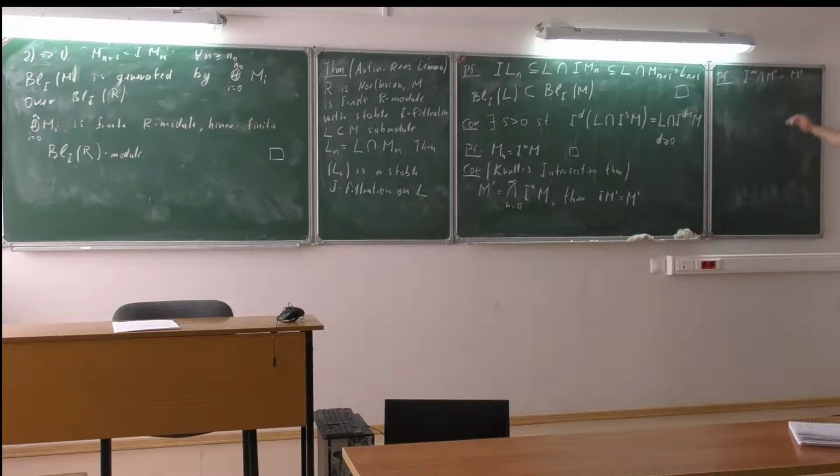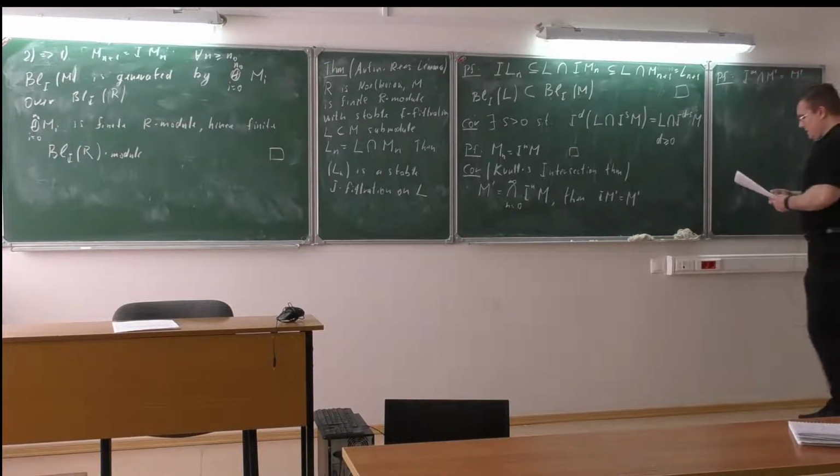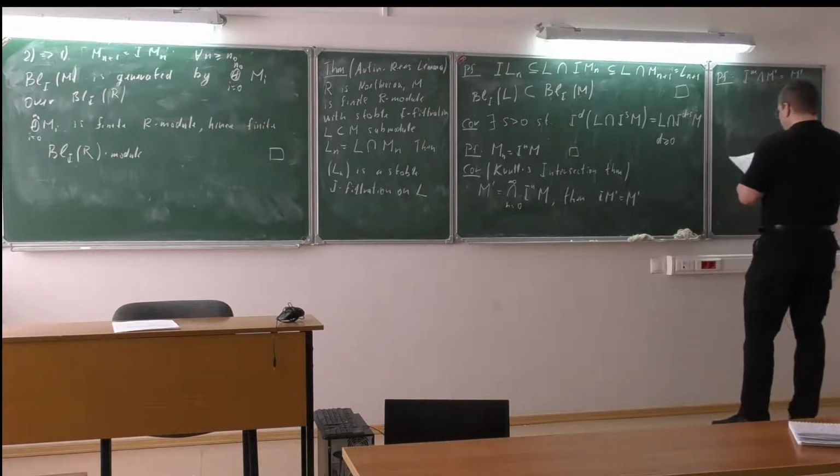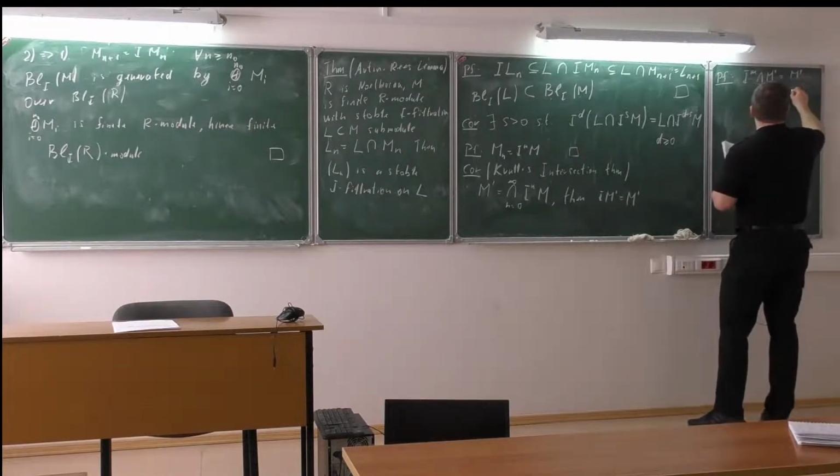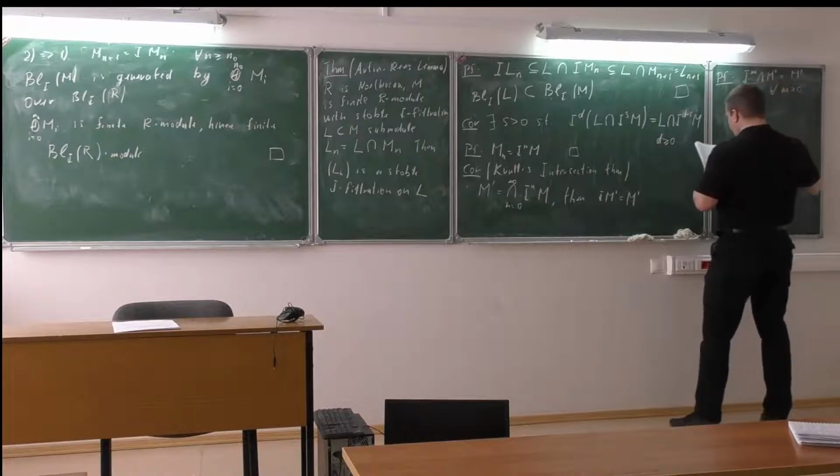Well, the first observation is clear from the definition of M prime. If this is an infinite intersection, if you intersect with one more term, you don't change anything. So this is for m greater or equal than 0.